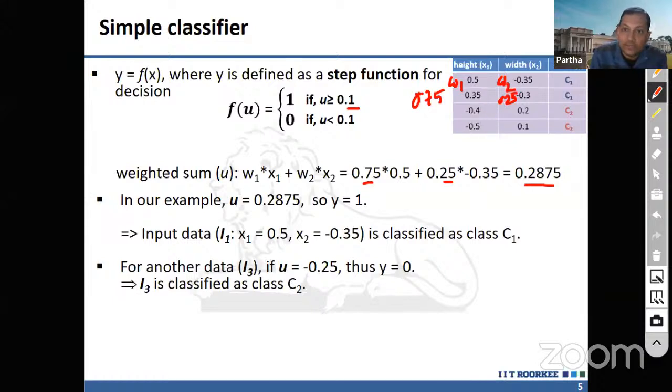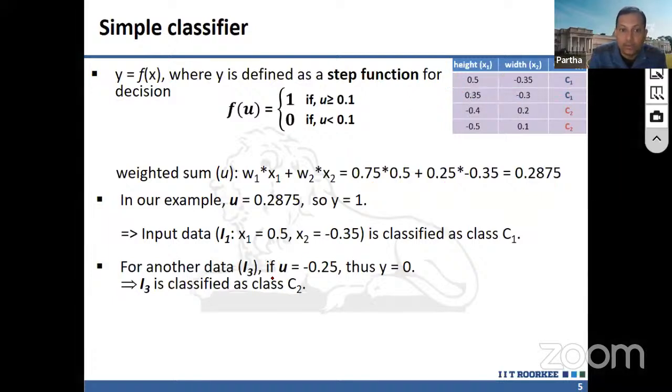Now if we have these weights, 0.75 and 0.25, and I have another example where the sum is minus 0.25, then this total sum becomes less than 0.1.